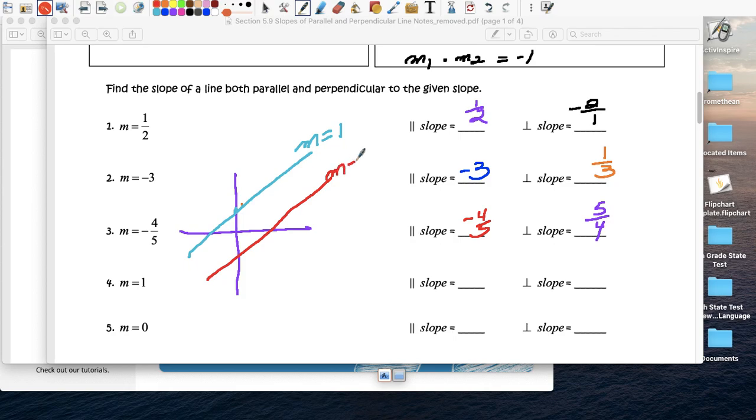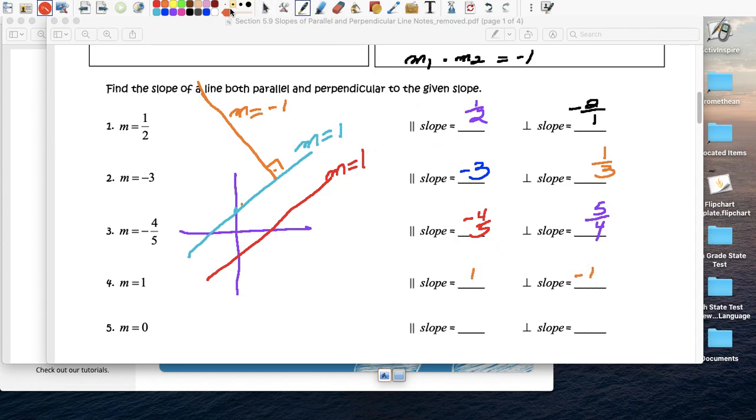Well, because they're parallel, they share the same slope. m equals 1. But what if you had a line that was perpendicular to the first one? What's the relationship between the slope of this orange line and the aqua one? Well, it would be the reciprocal. The reciprocal of 1 over 1 would be 1 over 1. And we would negate it. So it just becomes -1.